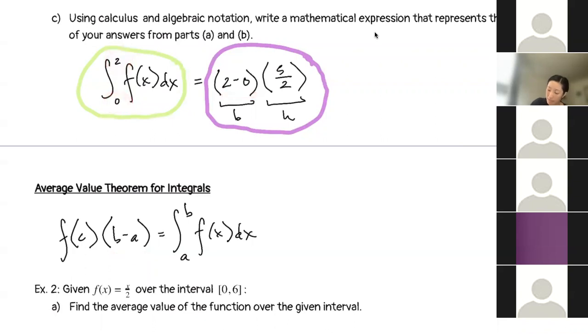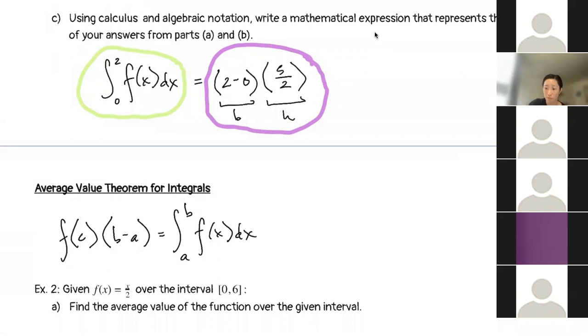And then instead of calling it the height, I wrote it as f of c. And we know that f of x or f of c, f of any number is going to be a y value. And this y value here in the front actually finds the height of that rectangle. Okay.